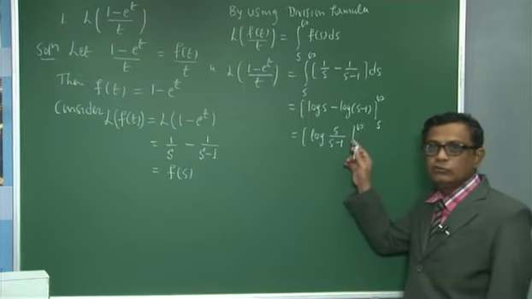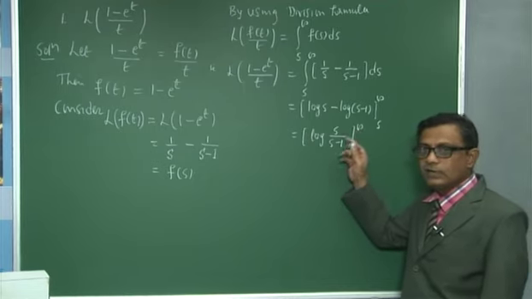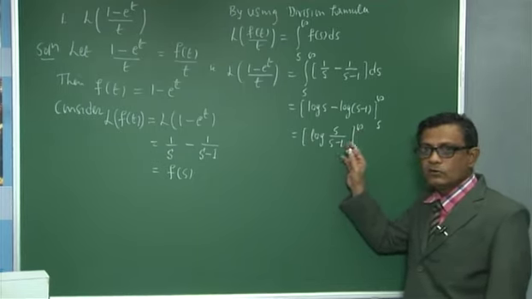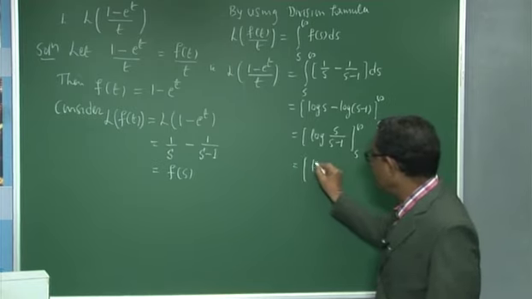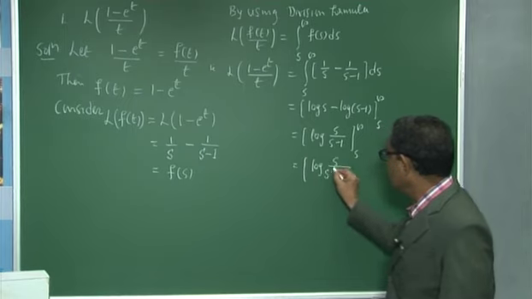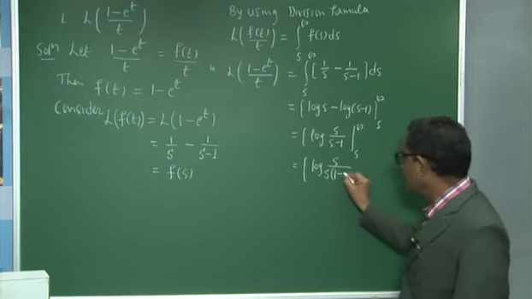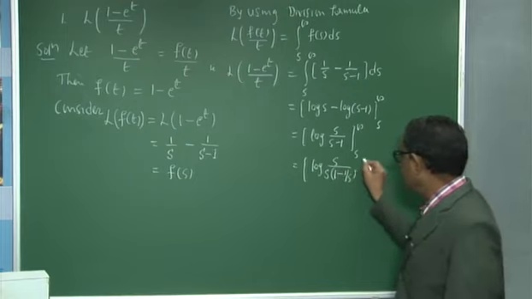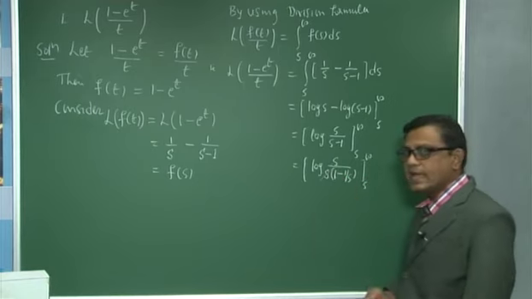If you substitute the upper limit infinity directly, log infinity is not defined, so you have to simplify this. How are you going to simplify? In the denominator you can take s outside: 1 minus 1 by s, from s to infinity. Now this s will get cancelled.